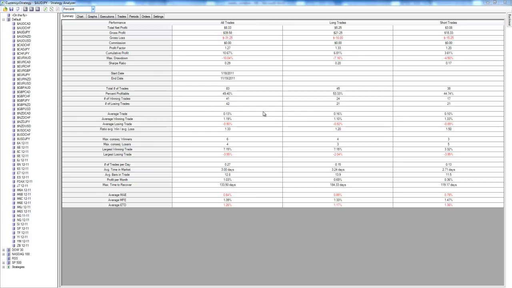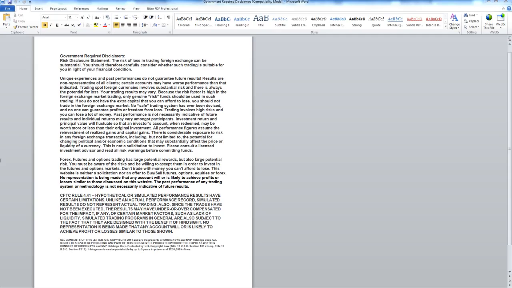And here's the Aussie yen, about 50% winning percentage, 10%, almost 11 for the year. 833 pips total for the year. Average win 97, average loss 74. Good numbers.